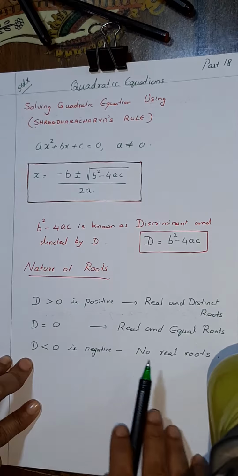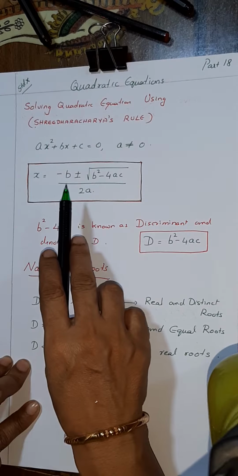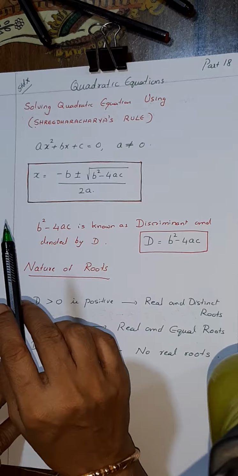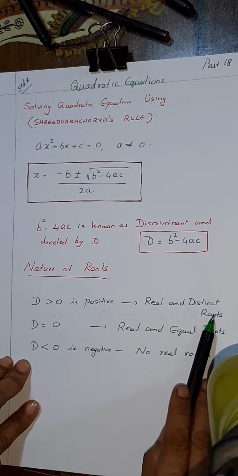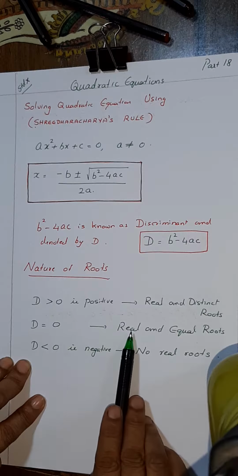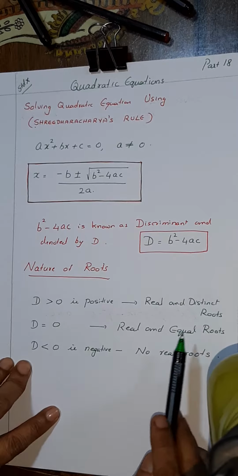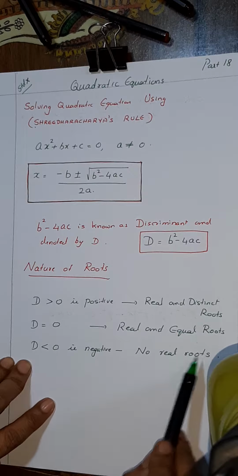We know that it is a quadratic equation, so the maximum number of roots will be 2. The two roots can be real and distinct. Distinct means two different values. Or it can be real and equal roots, because it will be the same value. And the third option is there are no real roots.